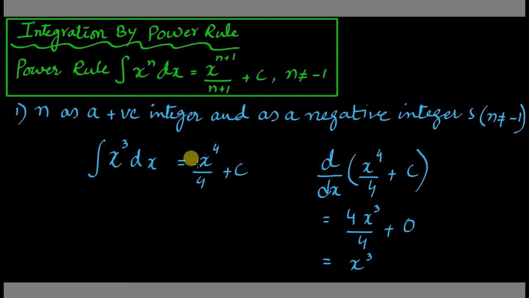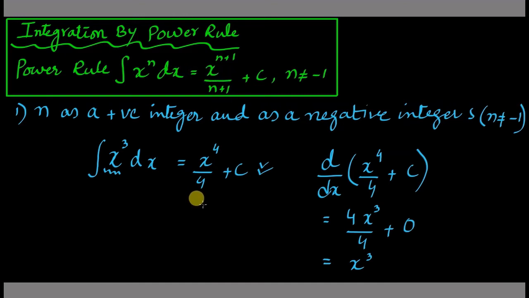If you are not satisfied with the answer, just take the first order derivative of this function. If you get back the same function which you are going to integrate, then it means your answer x^4/4 plus c is okay. So this is the reason we apply the power rule in this sense.